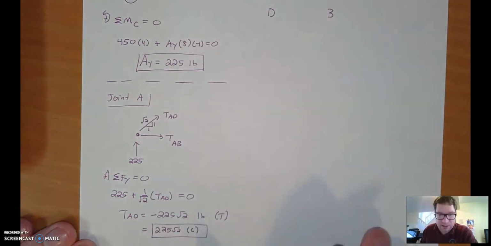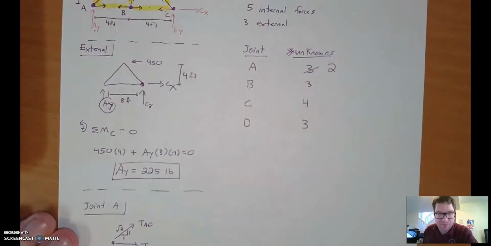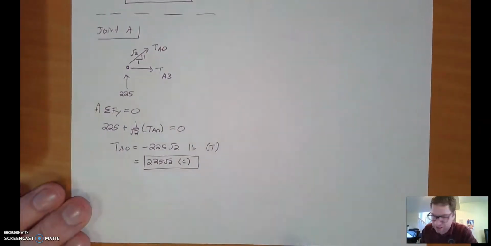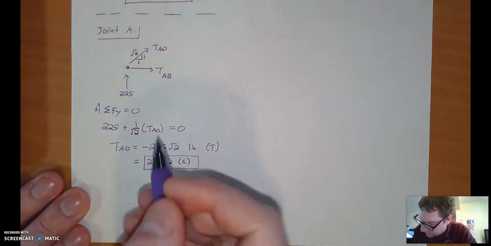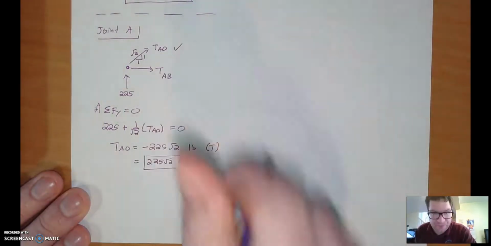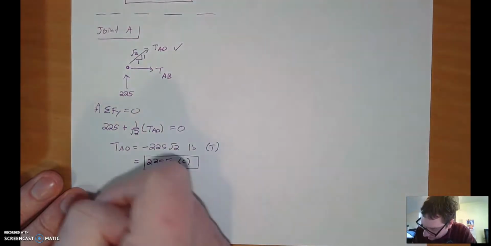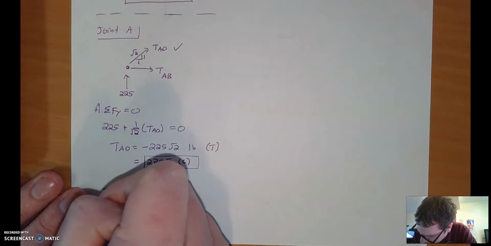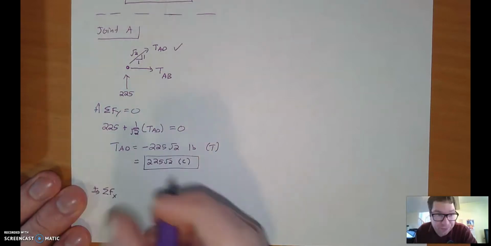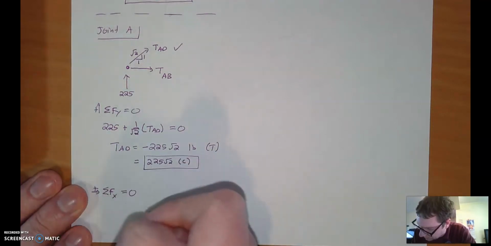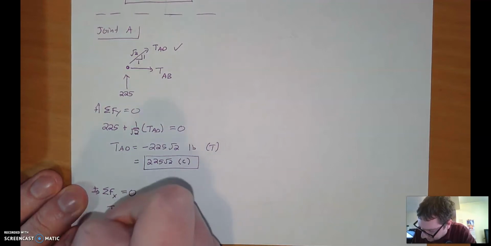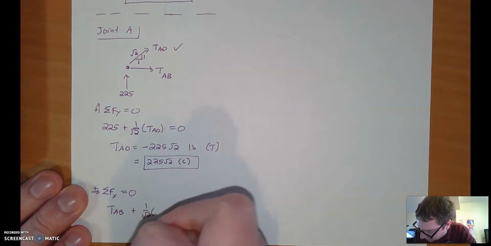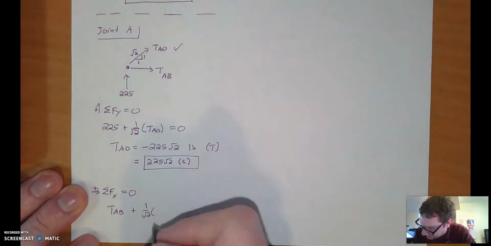Alright, so let's go back and look at what we know now. We now know, oops, not done yet, jumping the gun here. So we now know TAD, so let's find TAB. To do that, let's do sum of forces in the X direction, the other one we haven't done yet. So forces in the X equals 0, so I get TAB as positive, and then plus 1 over root 2 times our TAD, which I now know.